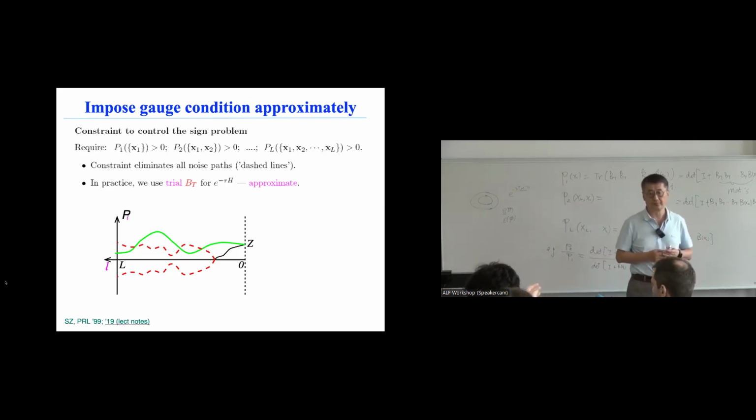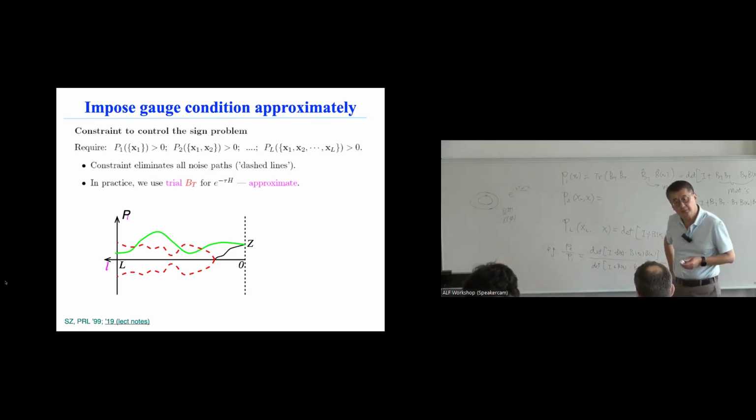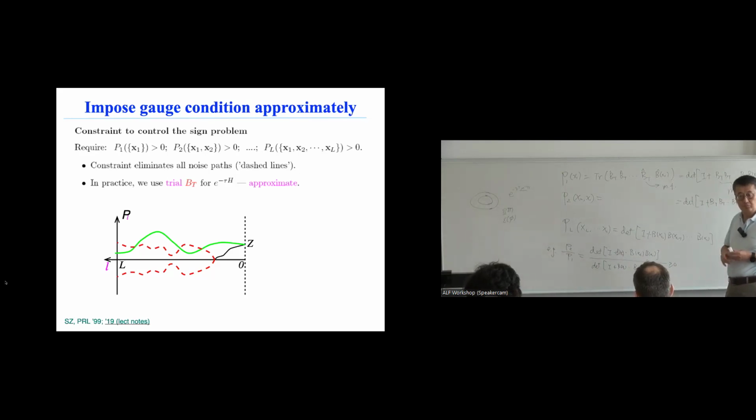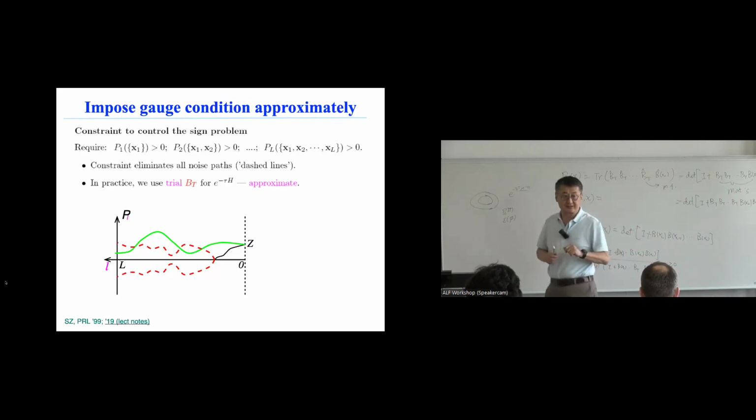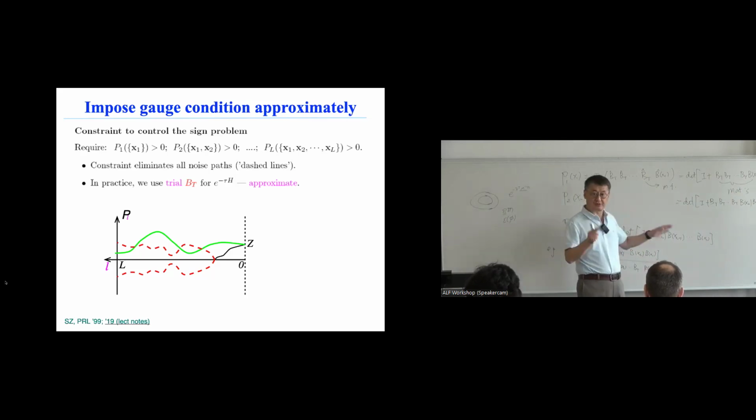So if there was no sign problem, then the fact that you use these trials would just be like importance sampling. Yes. And it would just be exact but more noisy. There's a caveat. If you use a single determinant trial, there are all kinds of next-level details you worry about.